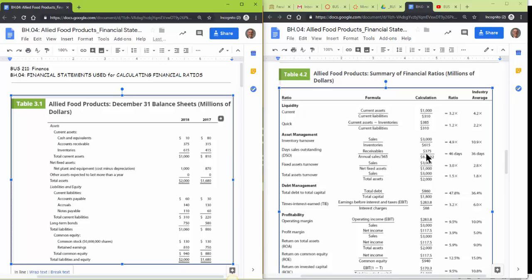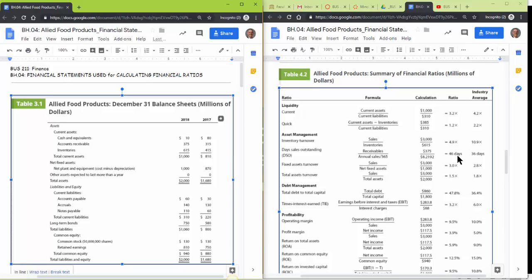So in this case, $375 million of accounts receivable outstanding divided by $8.2 million of sales per day means that there are 46 days of sales tied up in accounts receivable. In other words, it takes about 46 days for Allied Food Products to collect its cash after the sale.